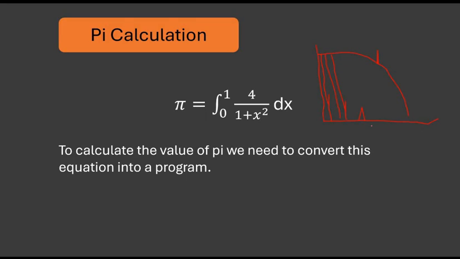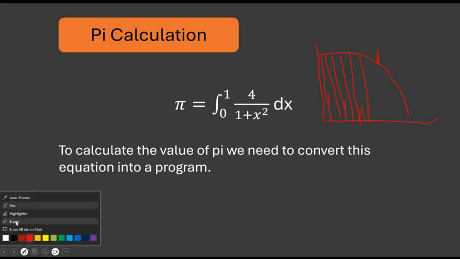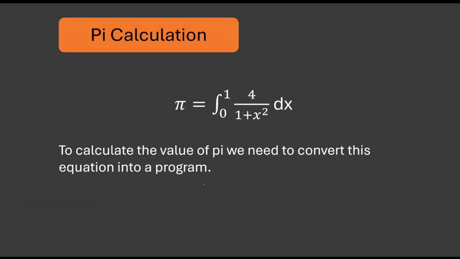And we all know the area of a rectangle is very simple, length into breadth. Then I'll simply add the area of all the rectangles within this curve and I'll get the value of pi. So this is the computer way to achieve this.